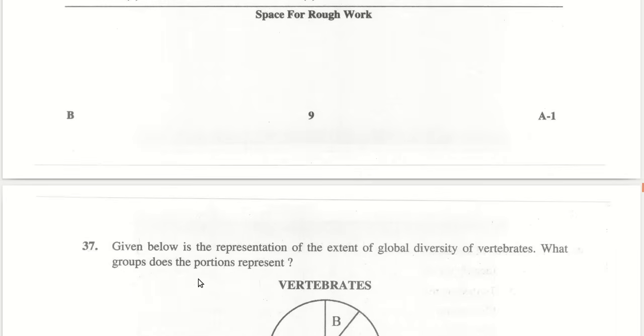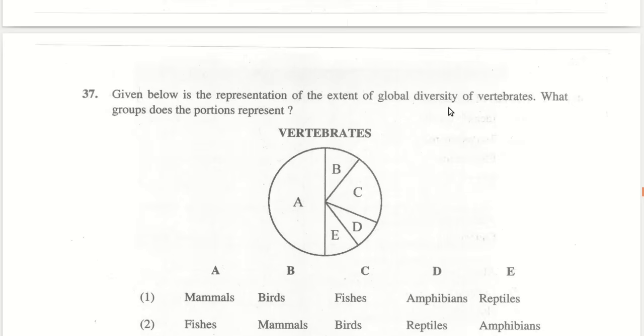37, second one. Given below is the representation of the extent of global diversity of vertebrates. What groups do the portions represent? A is fishes, the majority in vertebrates. B is mammals, in terms of species diversity.